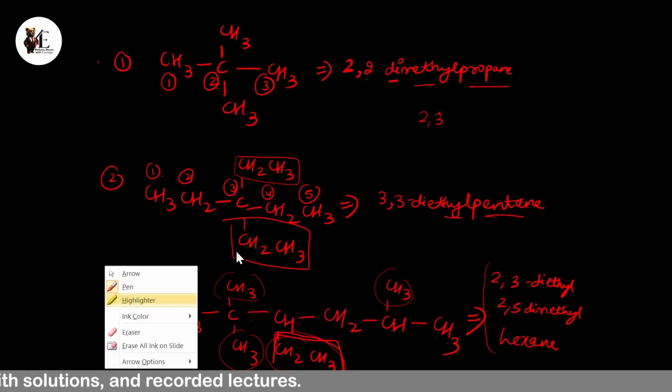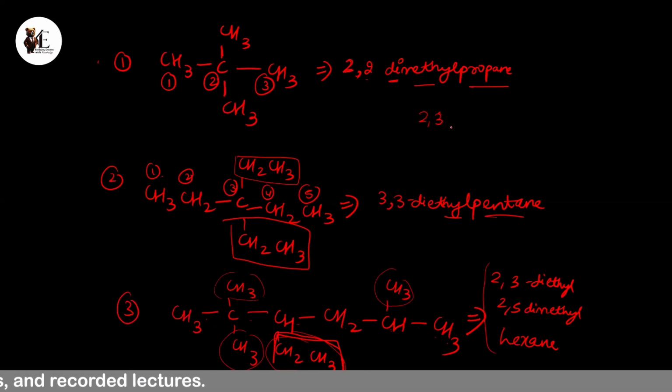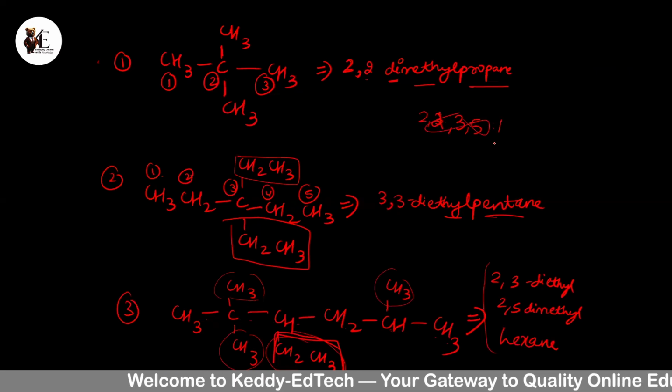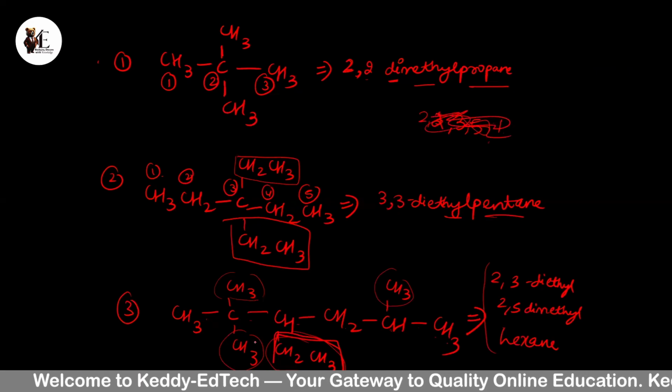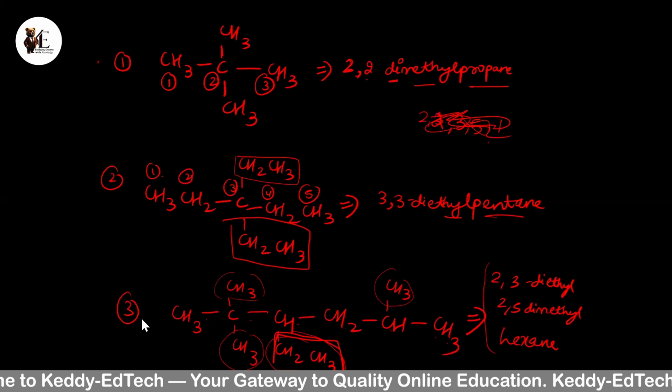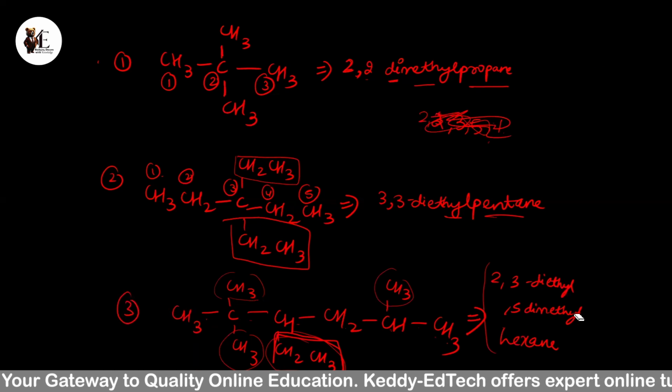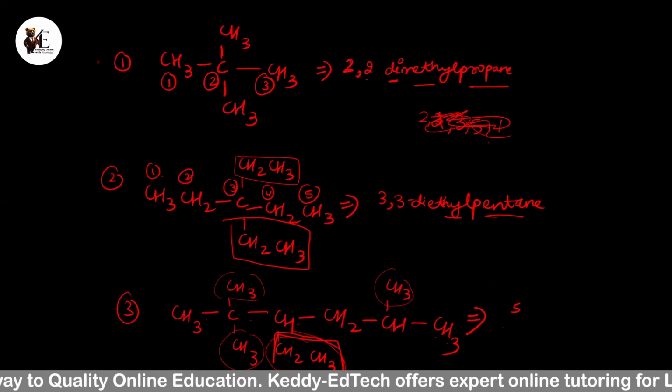It would be 2,2,3. 5 also then. Then it's ethyl trimethyl hexane. No. First of all, tell me where the counting will start. Wait, let me just erase. Both of you are telling me the wrong names of this third compound.